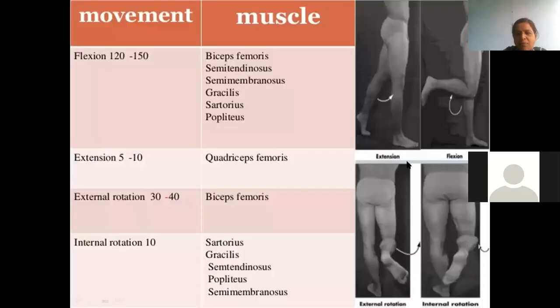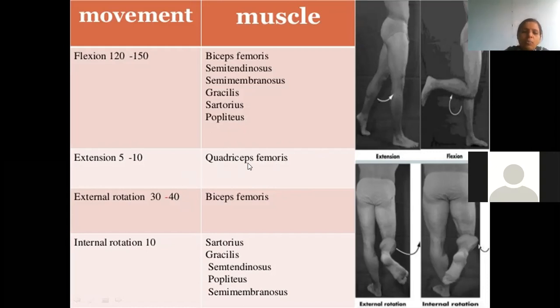Okay. Now what are the various movements we have? Flexion, which is permitted up to about 150 degrees. This is brought about by biceps femoris, semitendinosus, semimembranosus, gracilis, sartorius, and popliteus. Extension, like this movement, like while we walk.